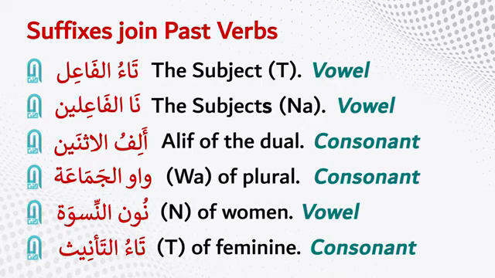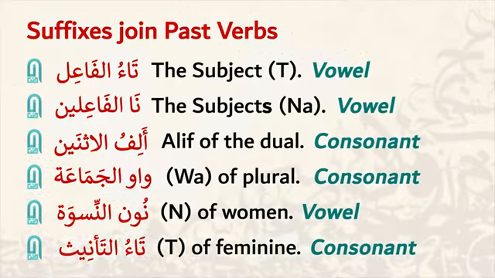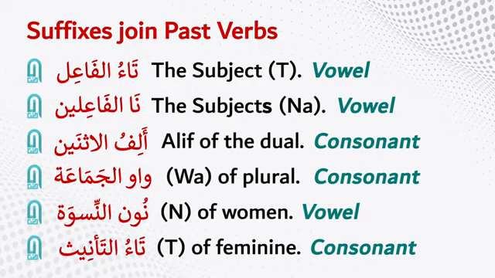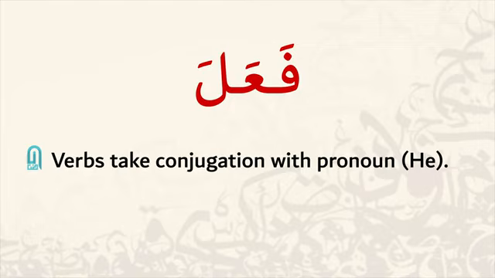One last distinction before we go is all these suffixes are subjective pronouns except ta'ut ta'nith, which is only a sign for feminine. I'll begin with the verb fa'ala. As you all know, usually if there is no pronoun, the verb takes the conjugation of the pronoun he, huwa, by default.